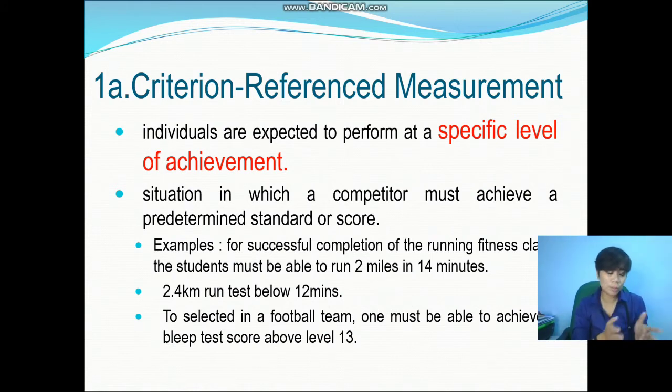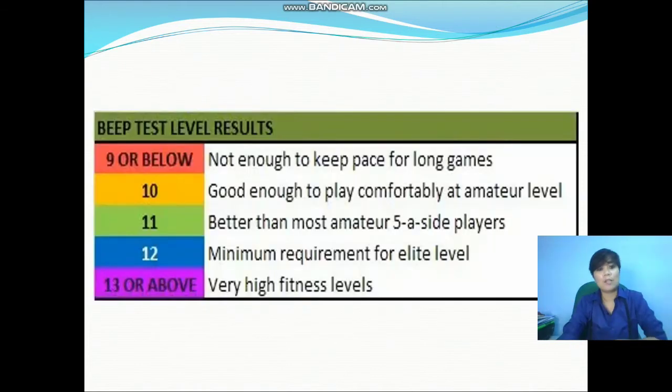Some characteristic we need to achieve. If the football players' beep test, for example, is less than level 13, what does this indicate? It indicates that they need to improve their cardio fitness. They need to achieve it so that they will be able to be part of the team, right? So this is an example of a criterion reference measurement. We have criteria.